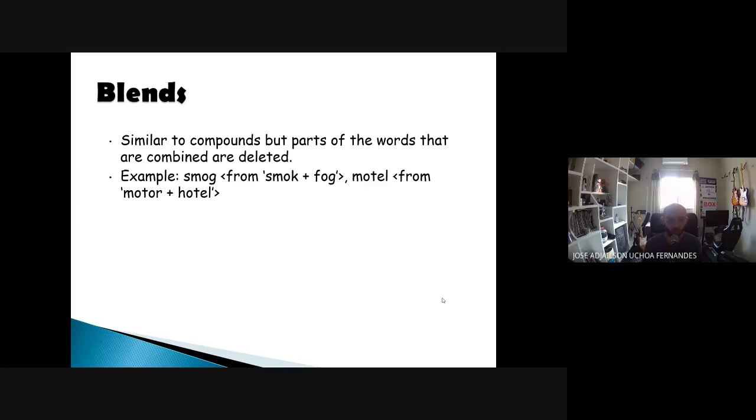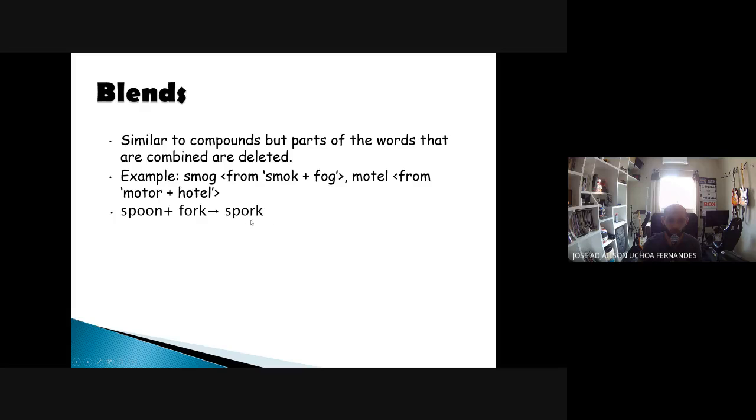In the case of motel, you lose the "or" part and you have them put together. Motel. Did you know this word? Smog, smoke plus fog. It's like a heavy neblina. Or a spork. Have you seen a spork?